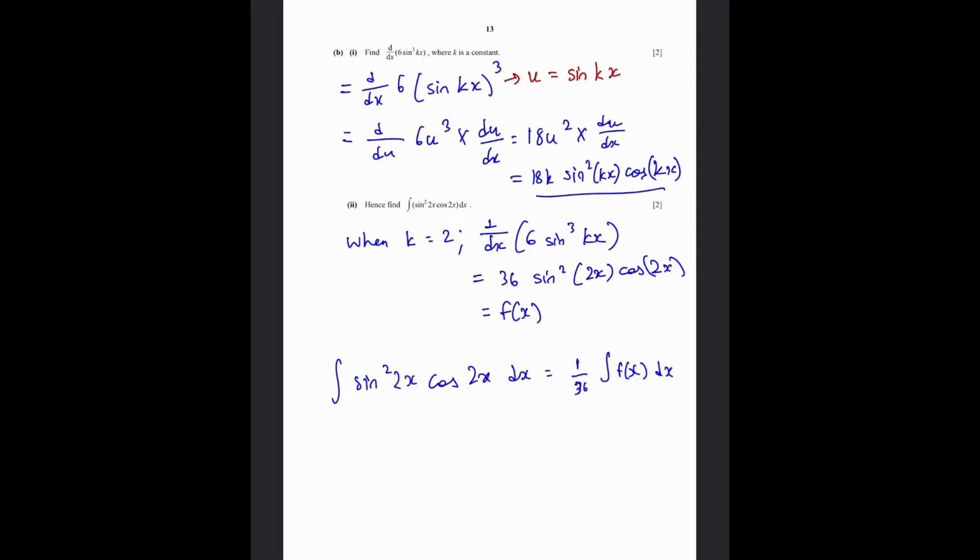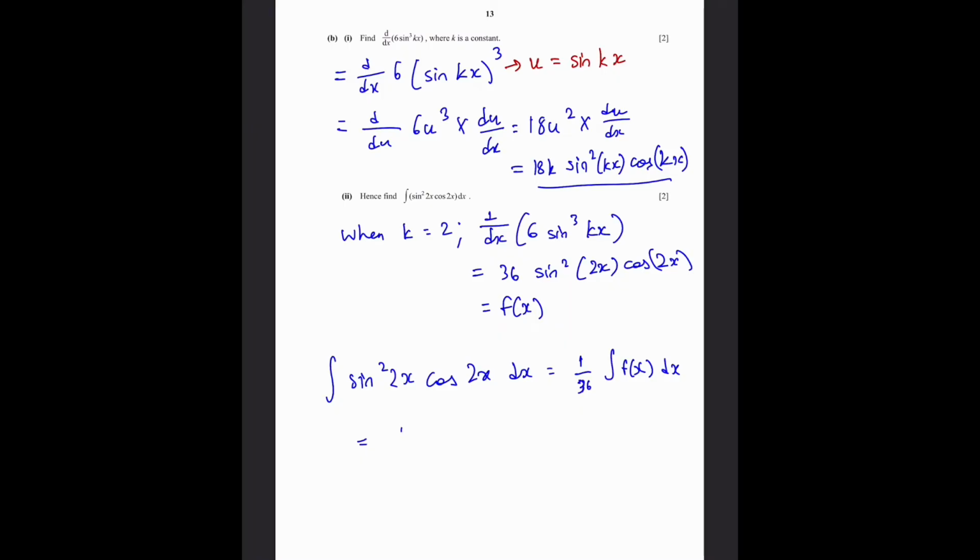And therefore, since we know the integral of f of x, we know that the integral of this is just this function here, where k is equal to 2. So that means this will be equal to 1 by 36 times capital F of x, or in other words, 6 times sine of kx the whole cubed plus c, because this c is the constant of integration.